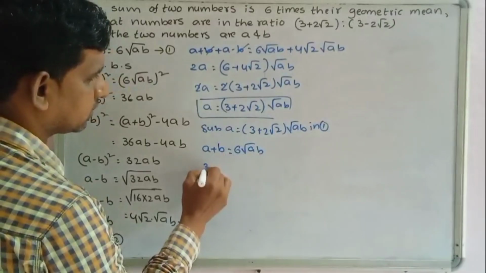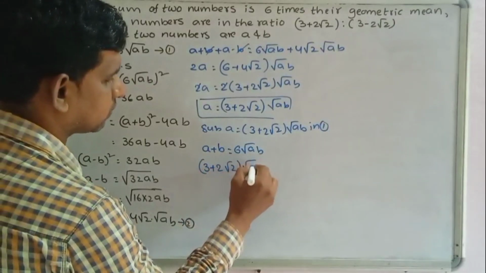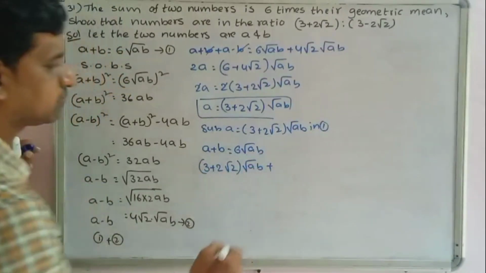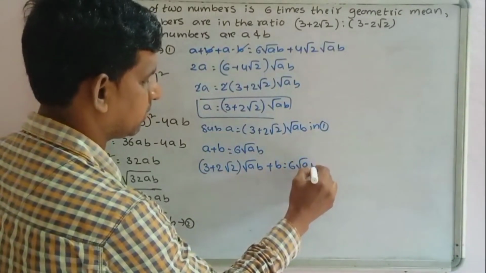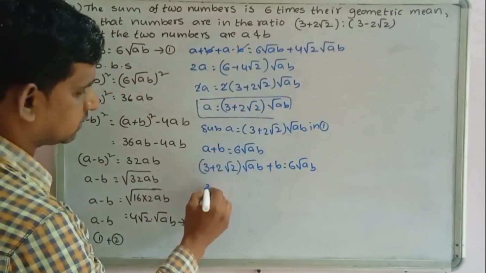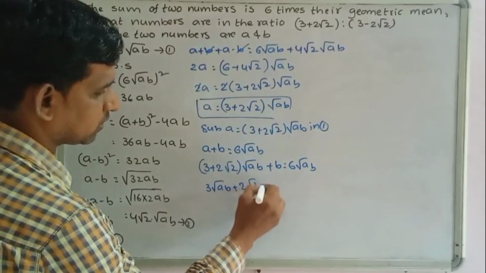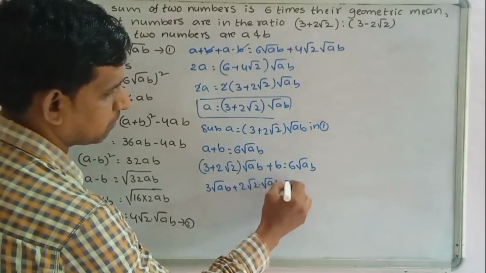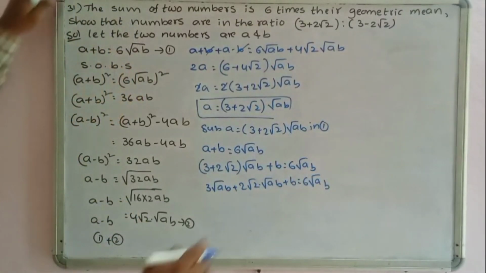So 3 plus 2 root 2 into square root of ab, plus b, equals 6 square root of ab. Now see, 3 times root ab is 3 root ab, and 2 root 2 times square root of ab, plus b equals 6 root ab. Now I want the value of b only.